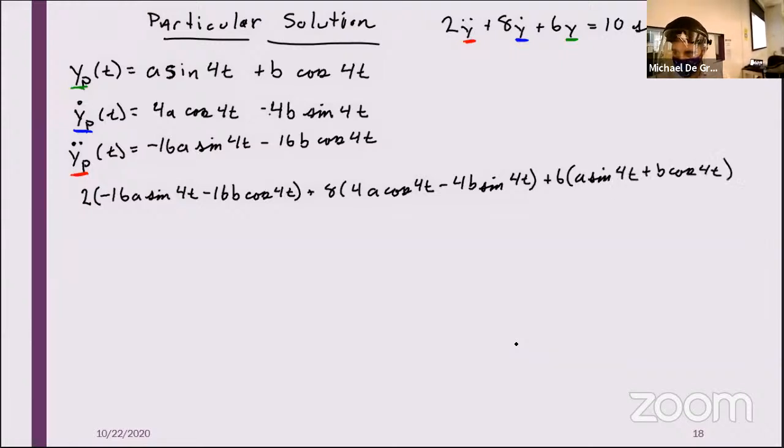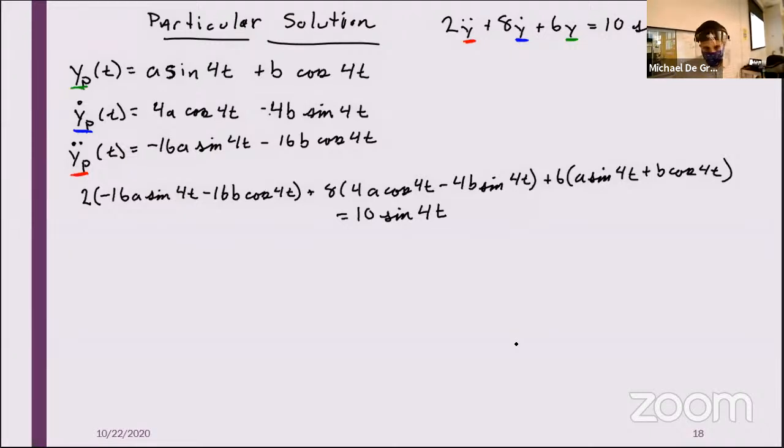So we get this equation, right? All we've done is take our original equation and plug our particular solution into each of the terms.